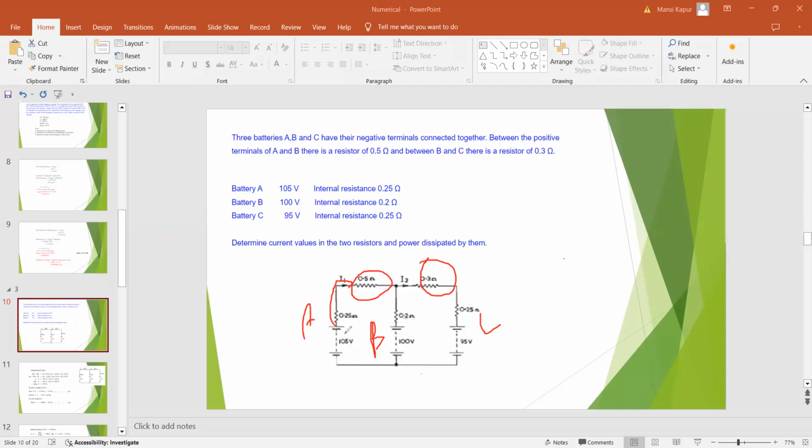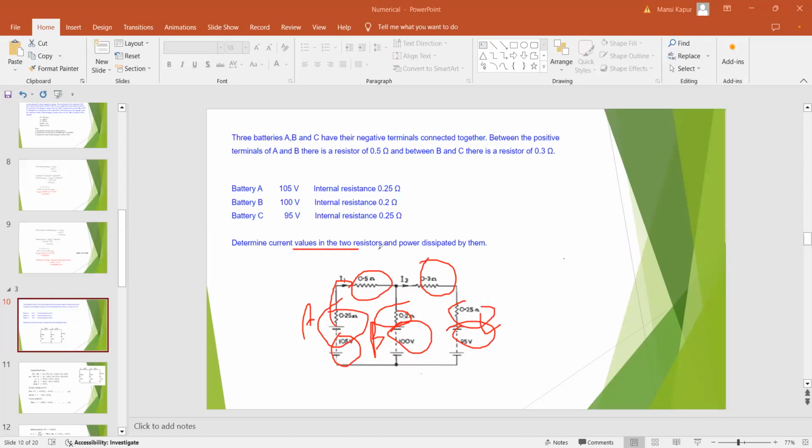Battery A voltage is 105, battery B voltage is 100, and battery C voltage is 95. Internal resistance of A is 0.25, B is 0.2 and C is 0.25.